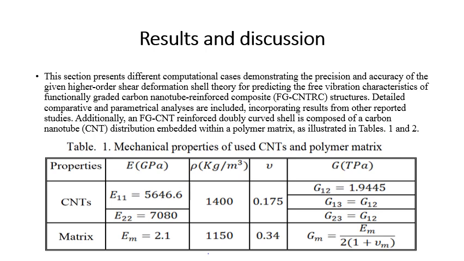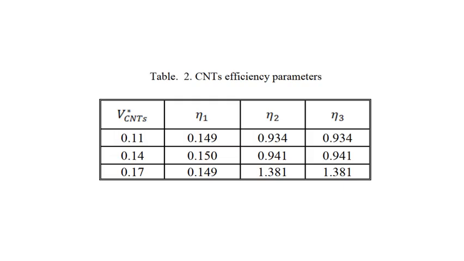Additionally, an FG-CNT reinforced doubly curved shell is composed of a carbon nanotube distribution embedded within a polymer matrix, as illustrated in Table 1 and Table 2. Table 1 shows the mechanical properties of the CNTs and polymer matrix, and Table 2 shows the CNT efficiency parameters.